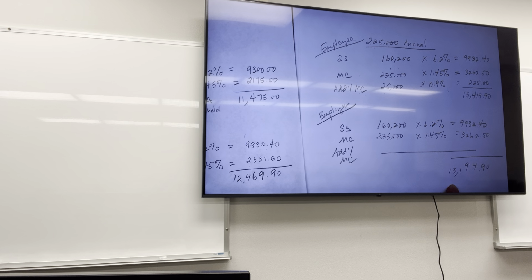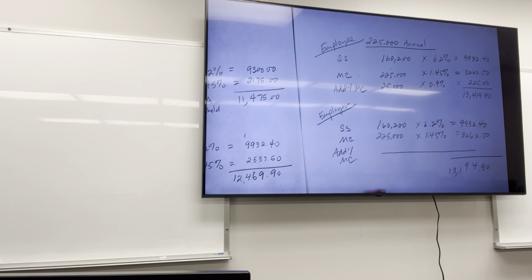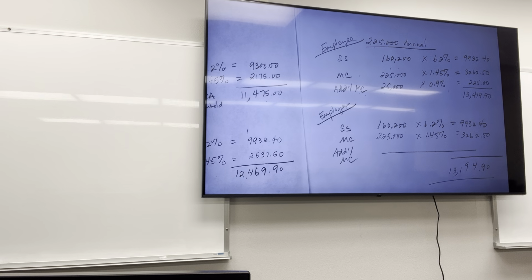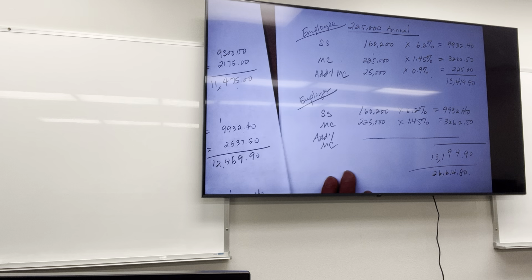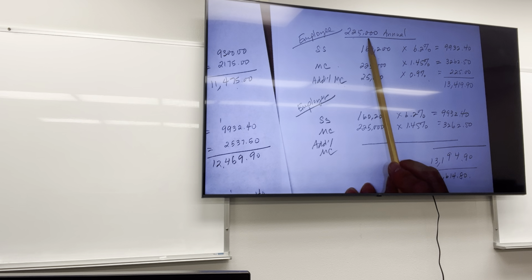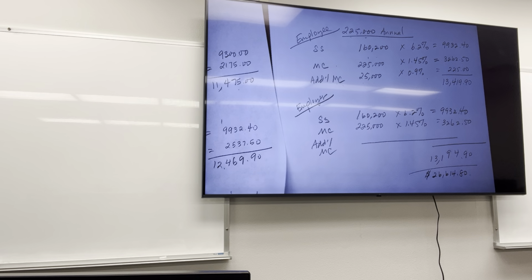The additional Medicare is $225. The employee is paying $13,419.90. So in total, $26,614.80 on that $225,000 annual salary. Questions about that?